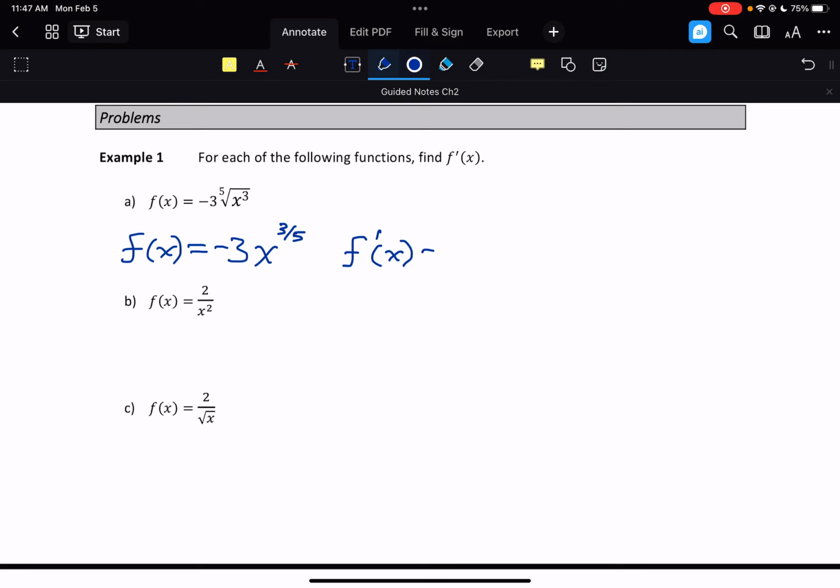So f prime, we have negative 3. We're going to bring down the 3/5 to the front, and then subtract 1. Which in terms of this fraction really means we're subtracting 5 over 5. Right? So 3/5 minus 5/5, so that's x to the negative 2/5.